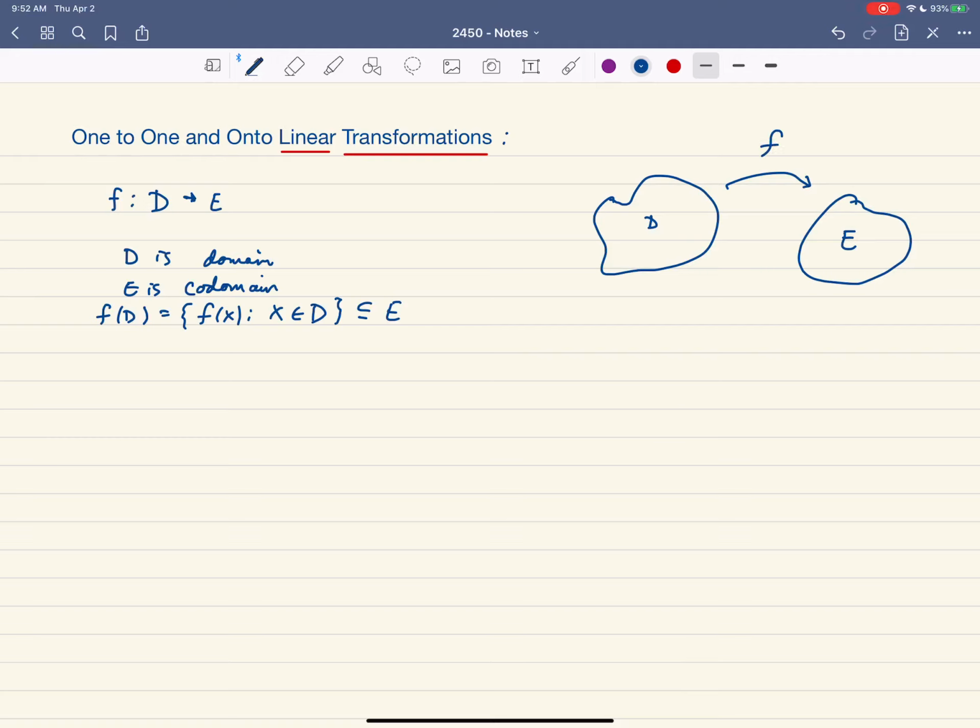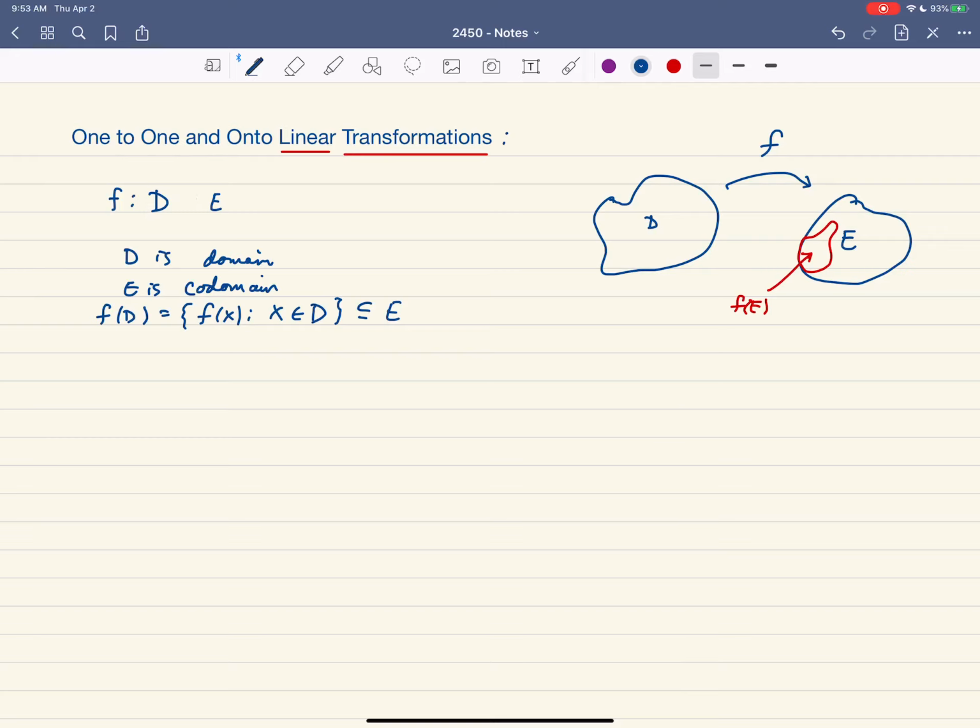This piece is the range of f. Okay, it's the values that you get from the function. E can really just be anything that has f of D as a subset. So anyway, this is a general setup for functions that we've talked about before, in a previous video.